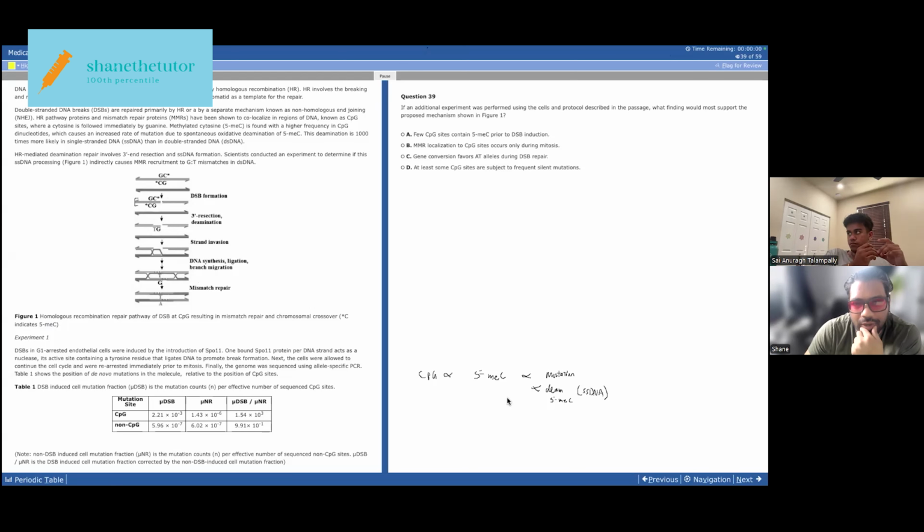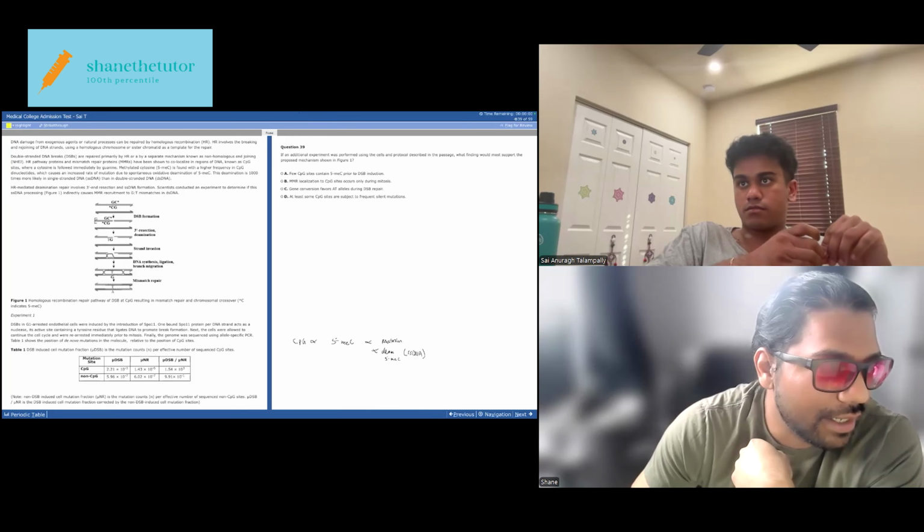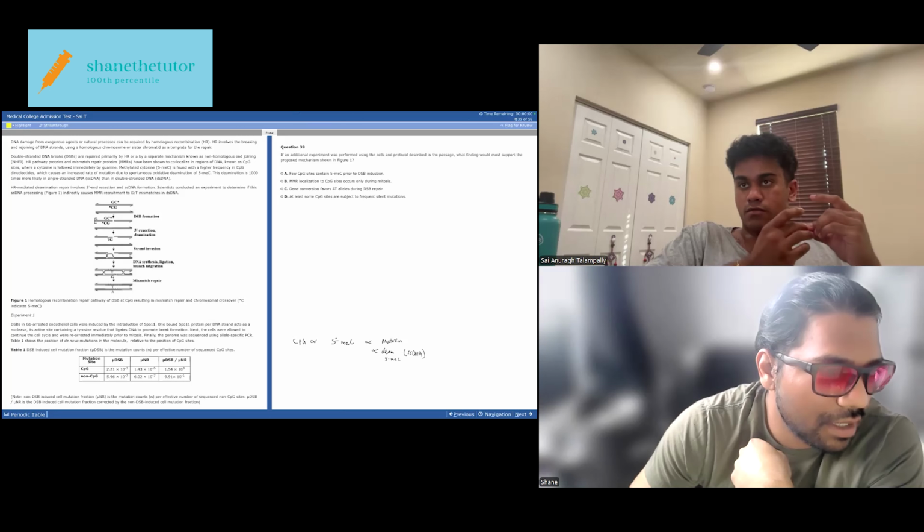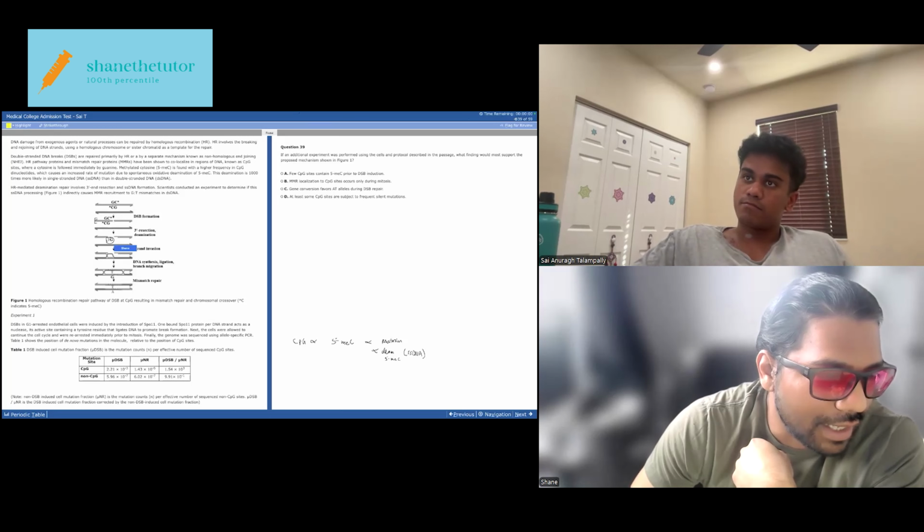Oh, well, wait. If you deaminate a methylated cytosine, that will turn into a thymine. Yeah, that makes sense. So that's how we can see this step here, the deamination.